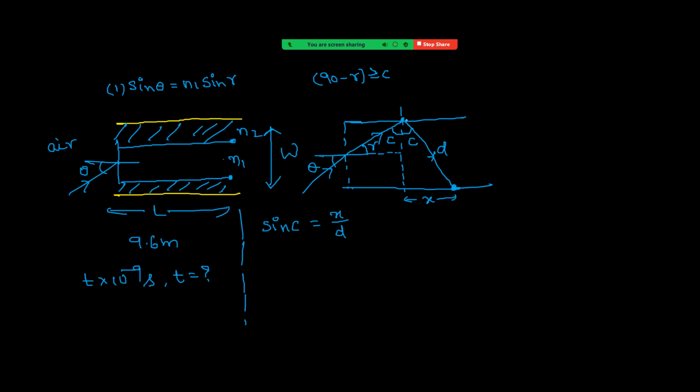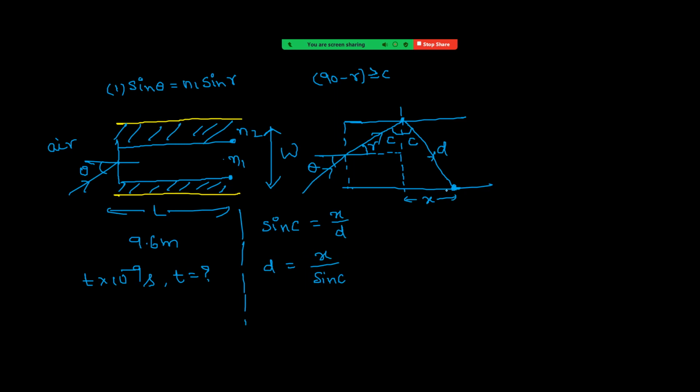We want to calculate the distance traveled, so distance traveled equals x by sine c. Why have we taken c here? Because this is the minimum angle. When the angle is minimum, you can see the d value is maximum. When the sine value is minimum, the total value is maximum.